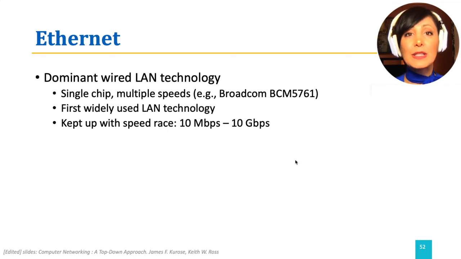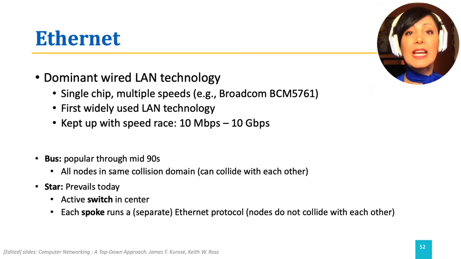Historically, different topologies have been adopted in implementing LANs using Ethernet. The early bus topology, which was popular from the 70s to the mid-90s, was replaced with the more successful hub-based star topology. In the early star topology, a hub was a physical broadcast device at the center, connected to all of the devices, which were called spokes.